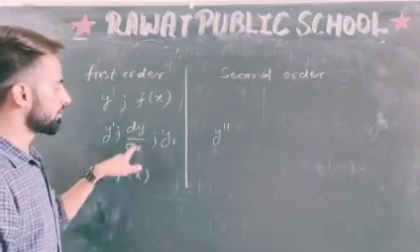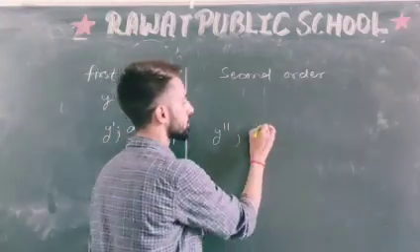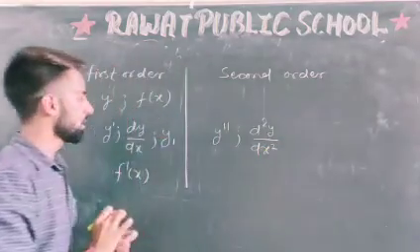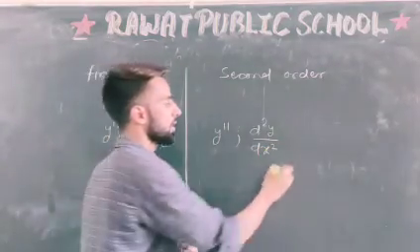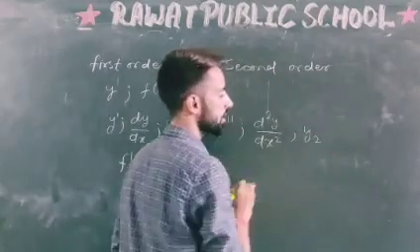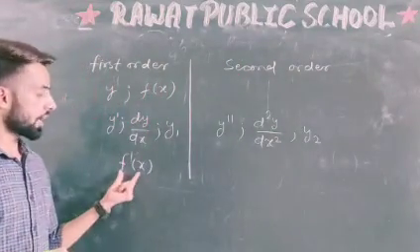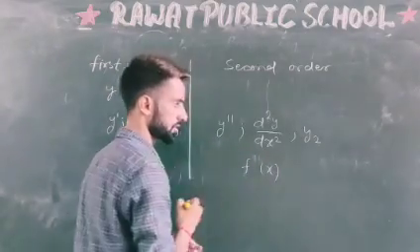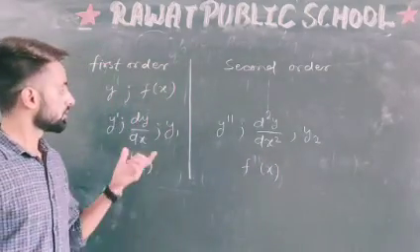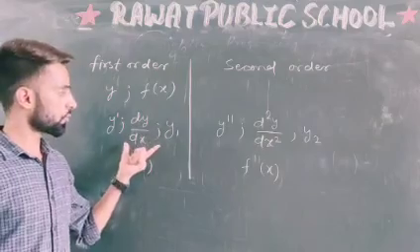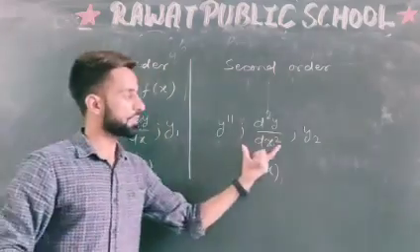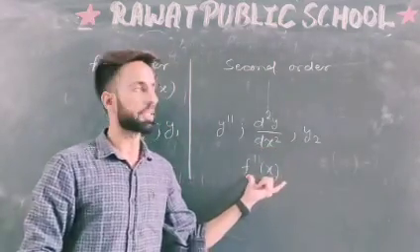If you differentiate dy by dx, it is written as d2y by dx square. If you differentiate y1, it is denoted as y2, and f dash x is denoted by f double dash x.